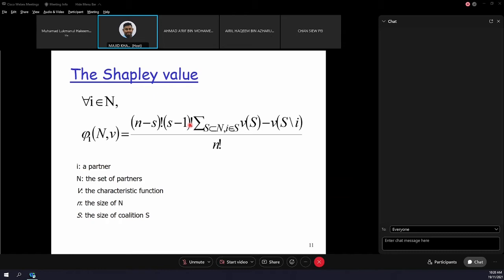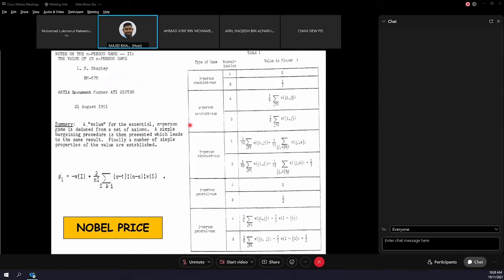When you're going to find the value for each particular player, you need to have a sequential order which was already developed by Shapley. Okay, and this is how he got the Nobel Prize. Do remember he managed to prove for two types of game for n persons.